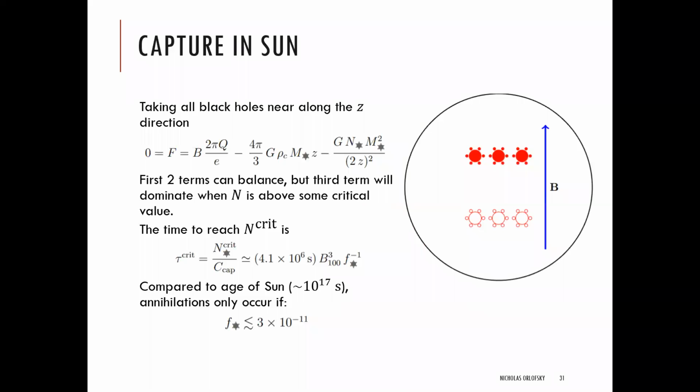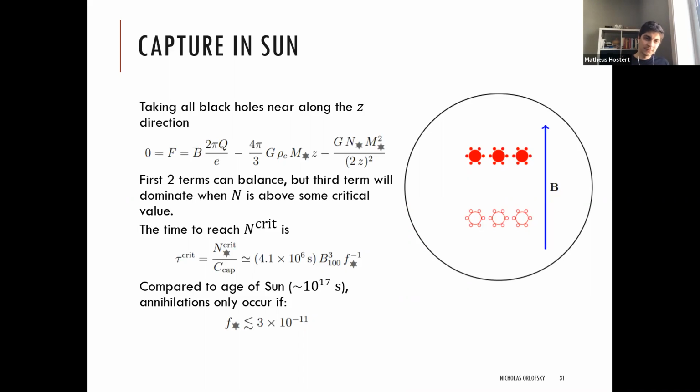There's some competition between the amount of energy and the gravitational potential, and because they're so heavy, their kinetic energy is very small, so they're going to want to quickly settle into the core. There is some time frame it may take them to get to the core initially, when they first come in and get captured, it may take a little bit of time to drift down, but in general they're always going to want to move towards the core.